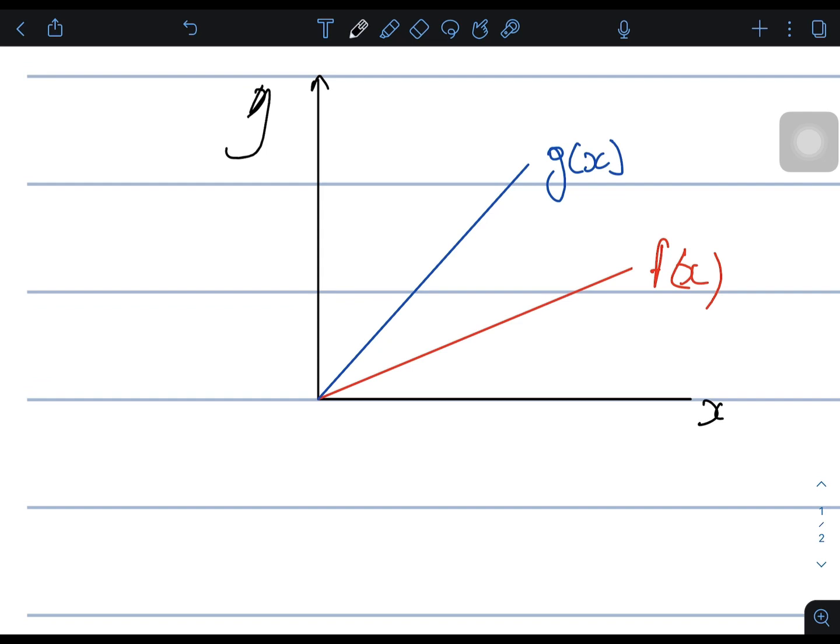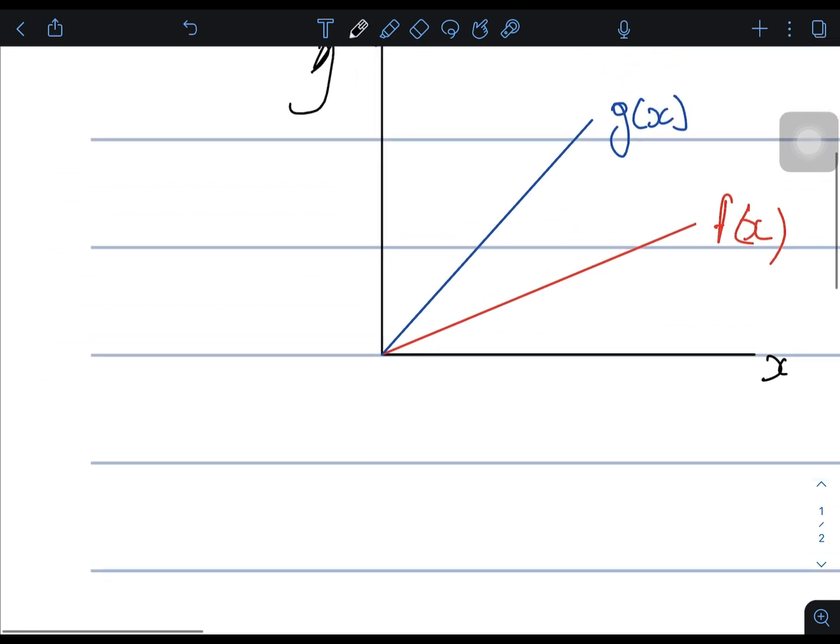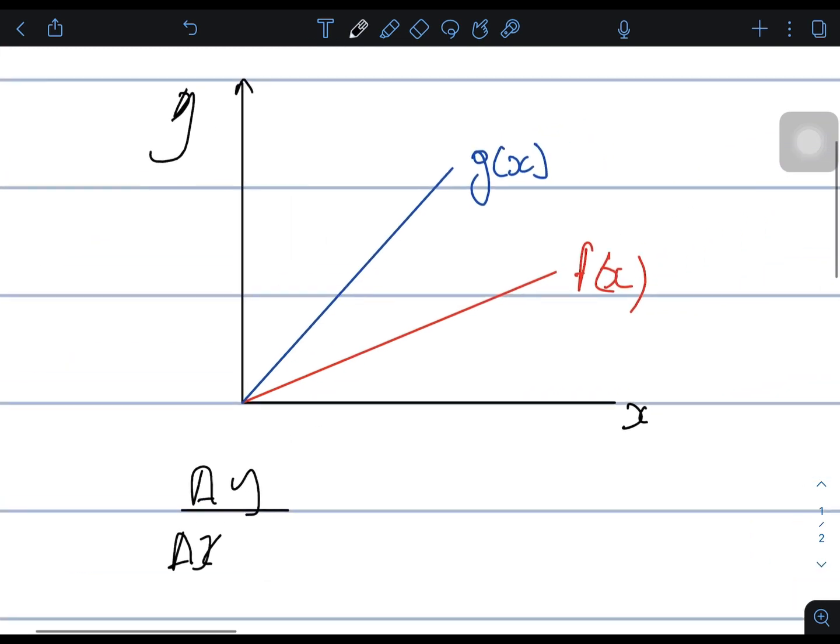For example, in simple terms, it is the change in Y compared to the change in X.